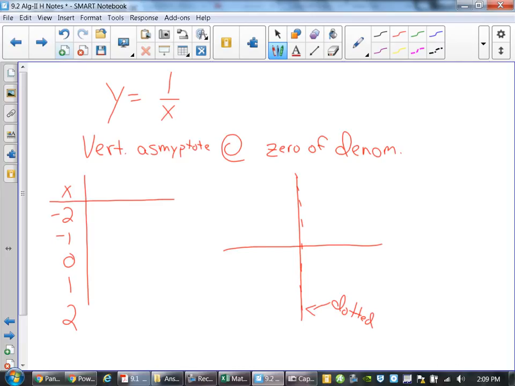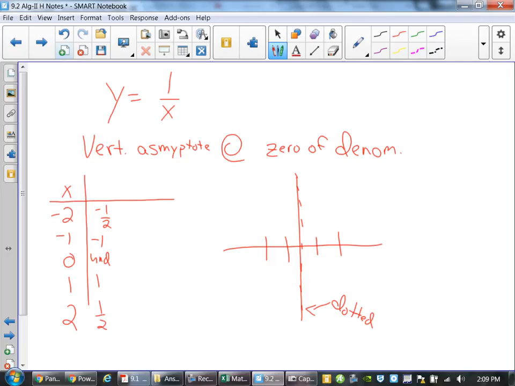So if I pick -2, -1, 1 and 2. At -2, I substitute in, I get what? -1/2. -1. 0 we know is undefined. 1 and 1/2 again. Everybody okay with those? They match out pretty quick.